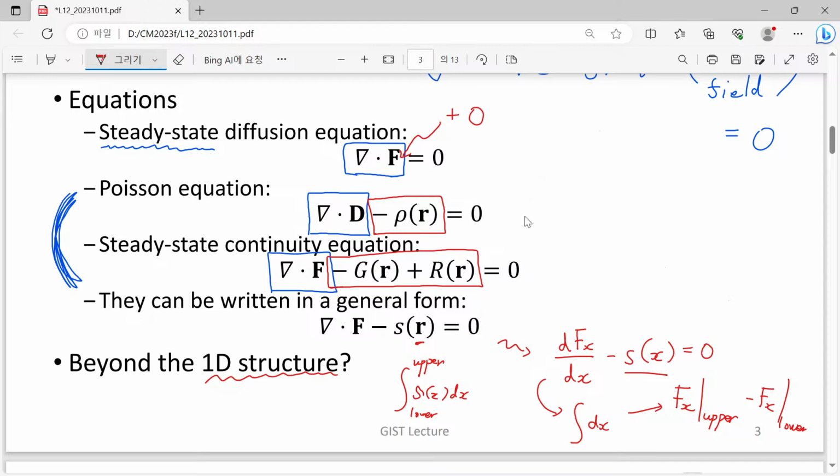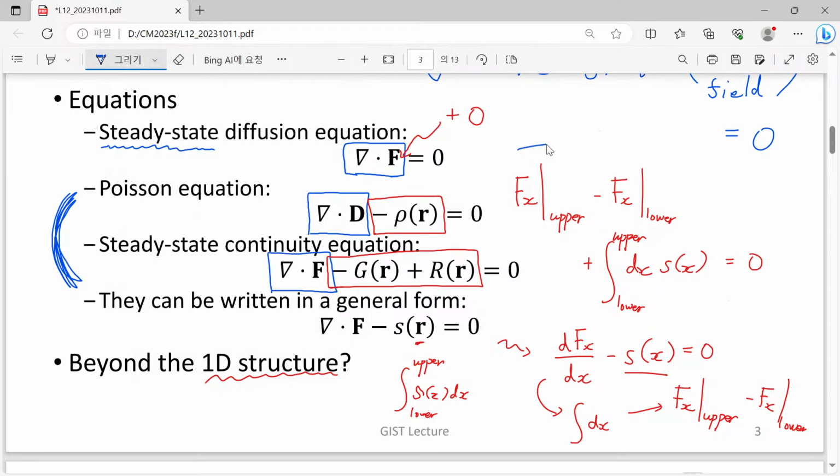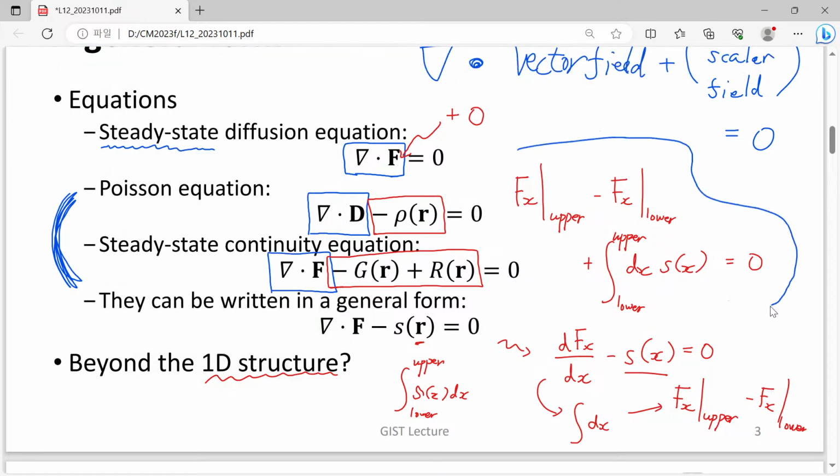Then it can be written as f_x upper minus f_x lower plus the integrated quantity s of x from lower to upper. Then it is equal to 0. That was the thing we have done up to now. So maybe you remember all of that.